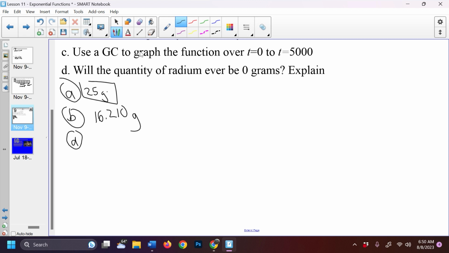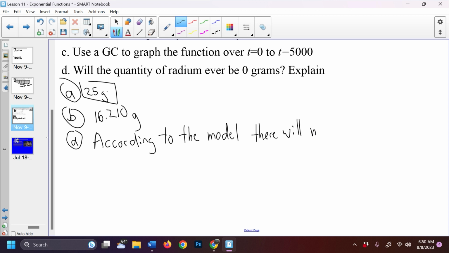So according to the model, there will never be 0 grams of radium.